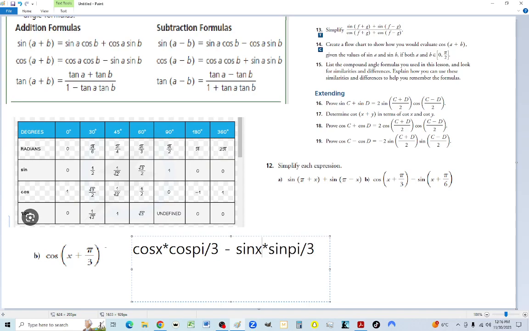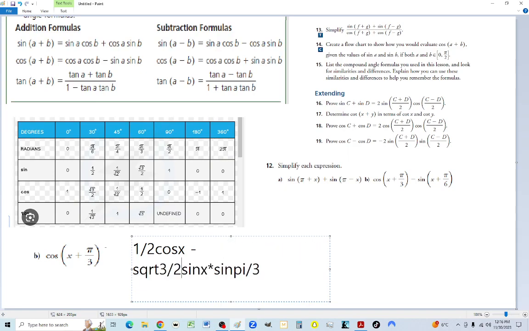And we quickly learn that cos of pi over 3 is a half, and that sine of pi over 3 is square root of 3 over 2. So you get square root of 3 over 2 times sine x and a half cos x.